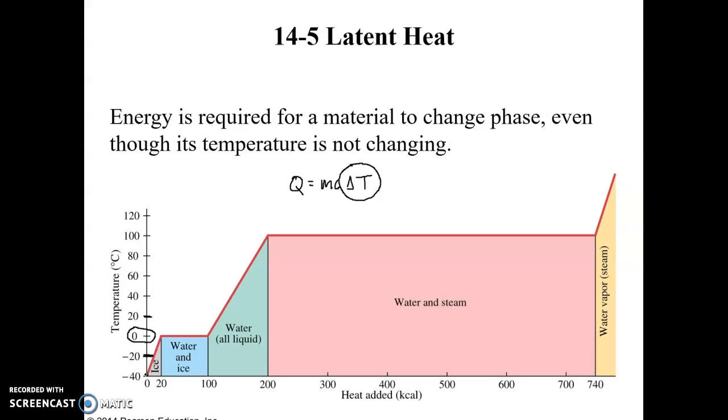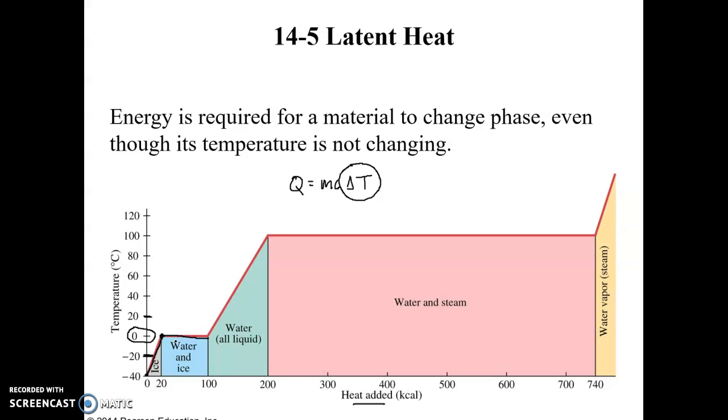So when we're dealing with ice and we're adding heat, there's this nice linear relationship between the heat being added and the temperature of the ice. But then once we hit 0 degrees, it plateaus. And what's happening here is that all the heat that's going into it is not raising the temperature, it's melting the ice.